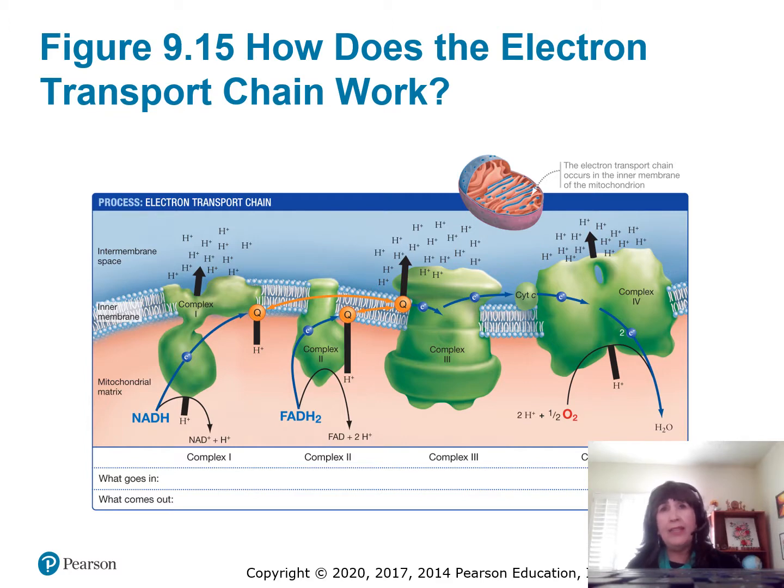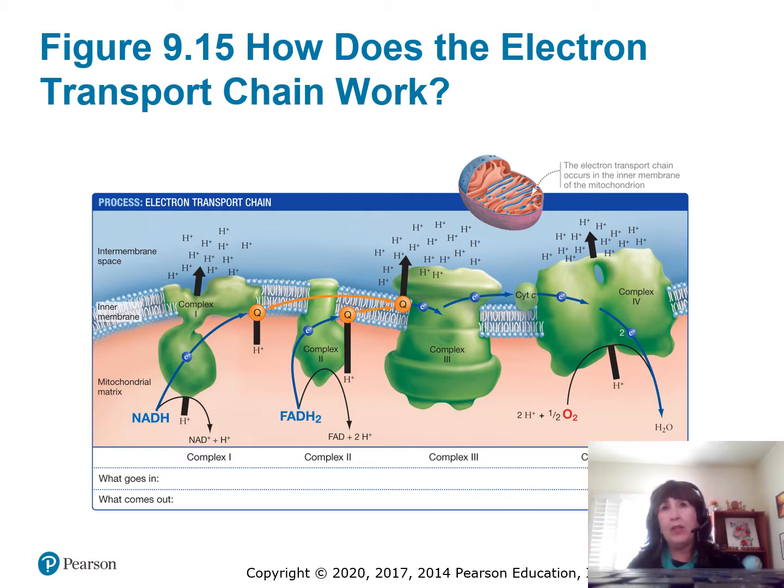And when I look at these complexes that are embedded in the inner membrane of the mitochondria, they remind me of volcanoes. And the reason why I say that is the energy coming off from these electrons will be used to pump protons to one side of the membrane. So what's being pumped are these protons.